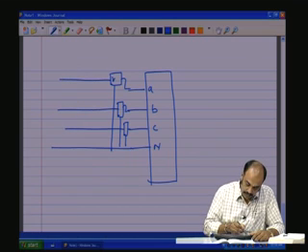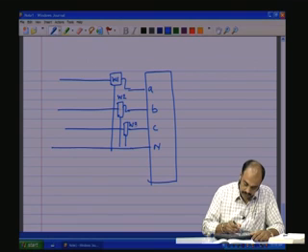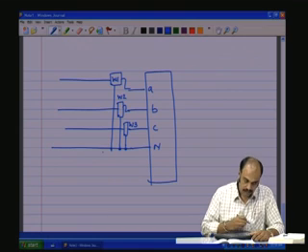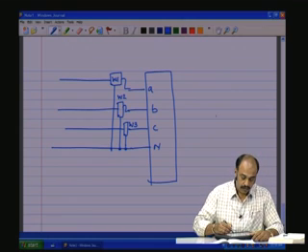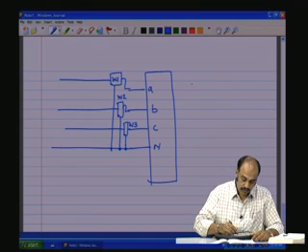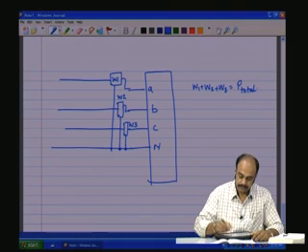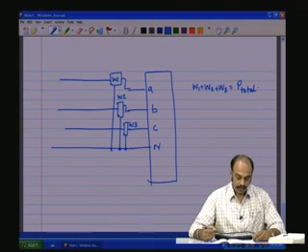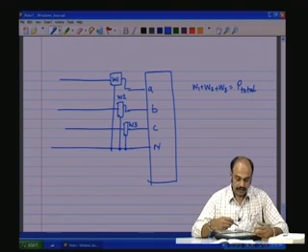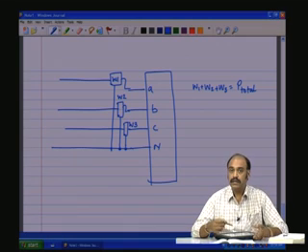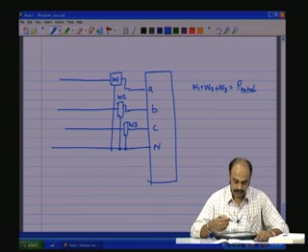So, you will have W1, W2, W3. The P total would be W1 plus W2 plus W3, the total power. This is especially useful when you are having a 3-phase 4-wire system.